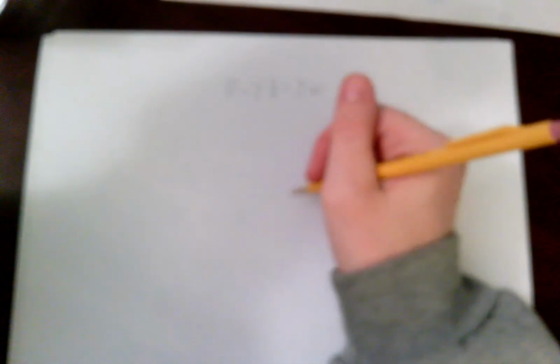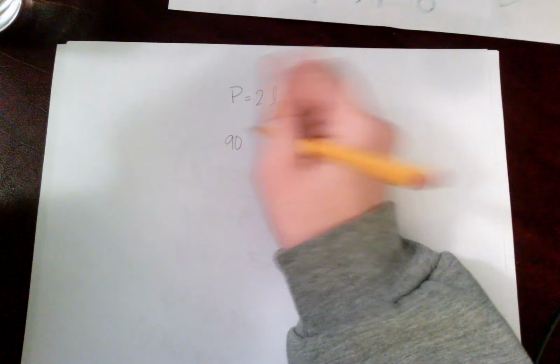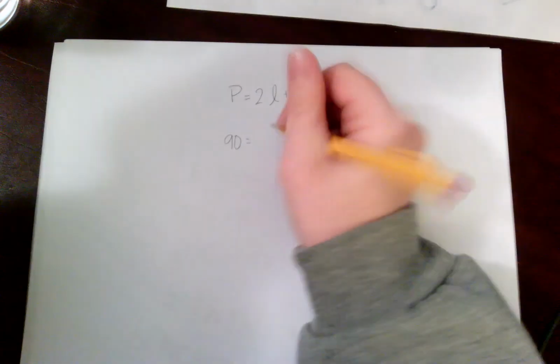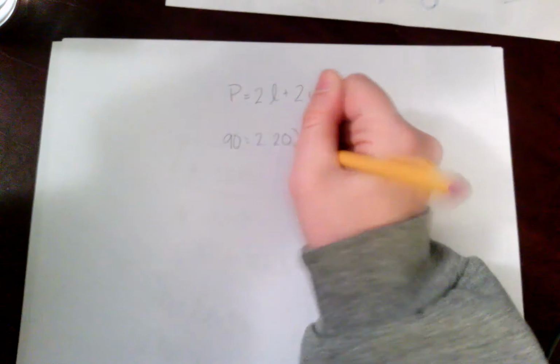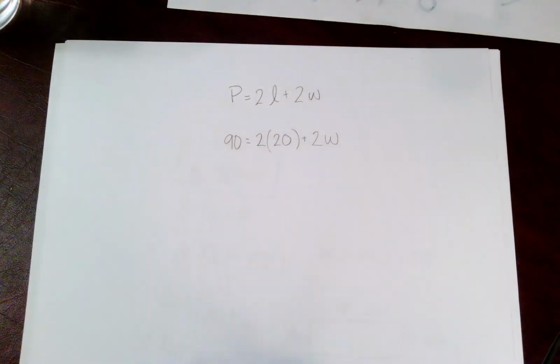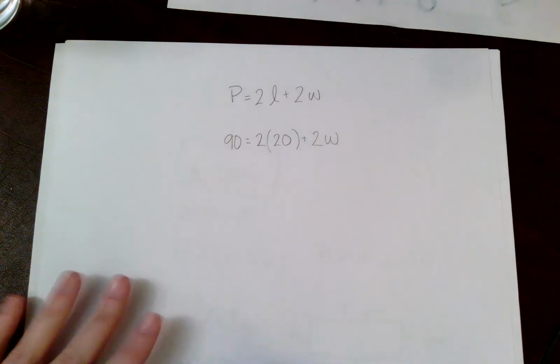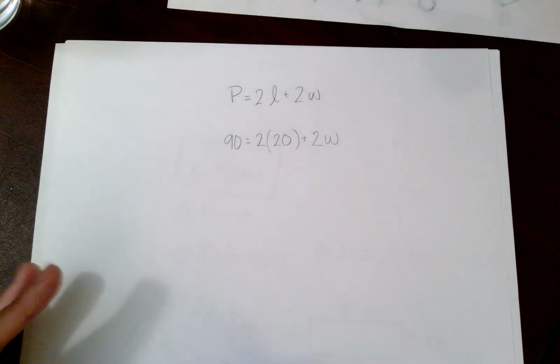But let's say the directions tell you that in this particular rectangle, the perimeter is 90 and the length is 20. But you don't know what the width is. So you must be thinking, well, what do I do first?